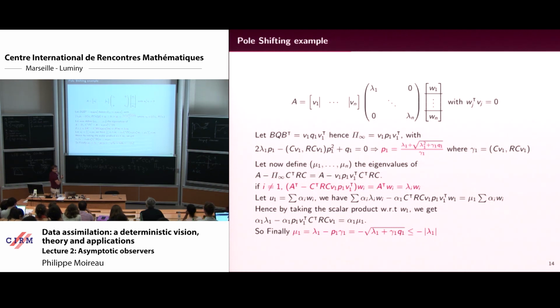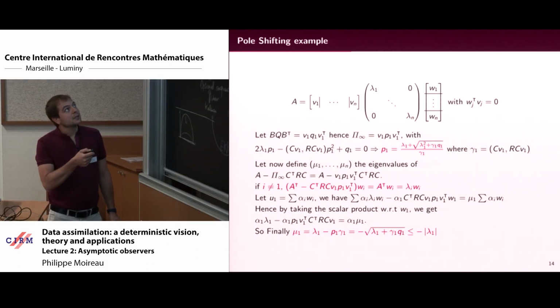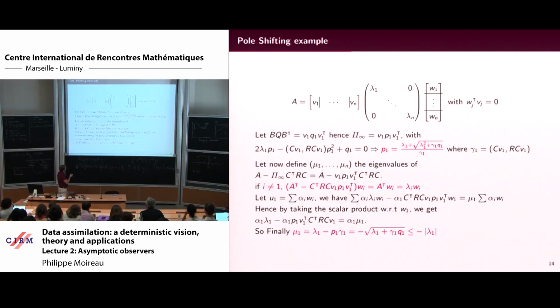I decided to build B so that B Q B transpose is given by that: one vector, so like a matrix of rank 1, and this is a scalar coefficient. If I choose B like that, then I can search for the solution of the asymptotic Riccati equation on this form. And if I write it exactly, everything simplifies, and I just have to find P1 with respect to Q1, okay? And it's given by this binomial equation.